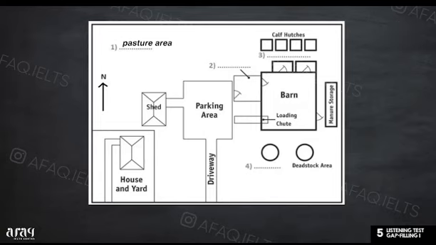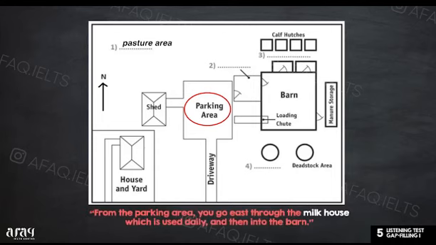After some explanation about the area of number 1, the speaker talks about the parking area again, which was a keyword from the map. So, you move your eyes there and follow her instructions. As it goes, from the parking area, you go east through the milk house, which is used daily, and then into the barn.